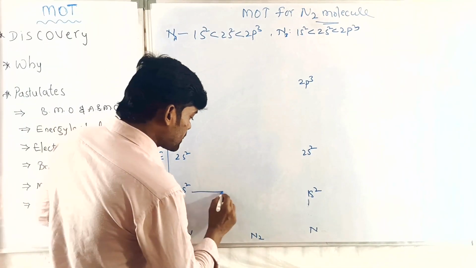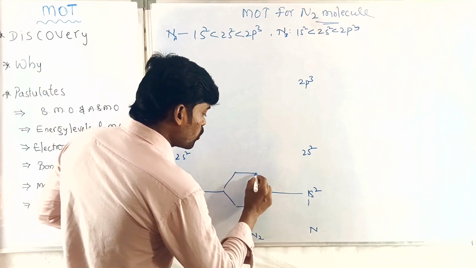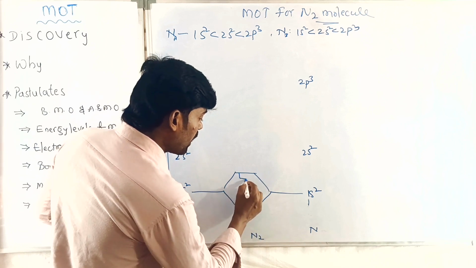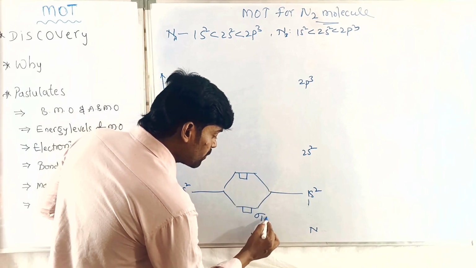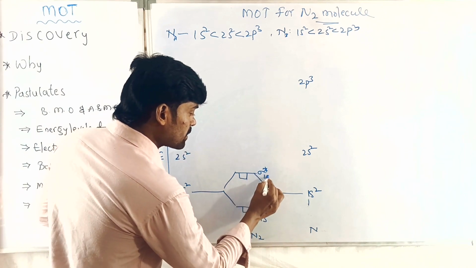When s orbitals combine with each other, they produce two molecular orbitals. One is bonding, the other is anti-bonding. The bonding molecular orbital is sigma 1s, the anti-bonding is sigma star 1s.